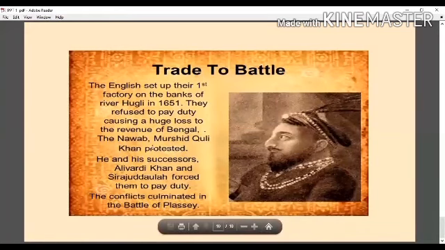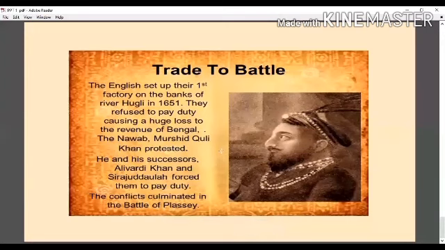So we have Nawab Murshid Quli Khan, who first protested against the company's rule, and then his successors Alivardi Khan and Siraj-ud-Daulah, who again forced the company to pay the taxes. But the company said we will not pay any taxes here, and we will continue only if you give us the space to expand our settlement and take up the forts.